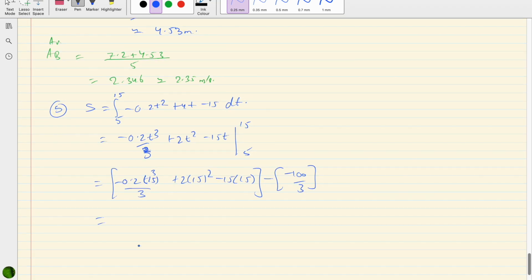Punching in 15 again, negative 0.2 into 15 cubed by 3 plus 2 into 15 square minus 15 into 15, I'm getting 0.